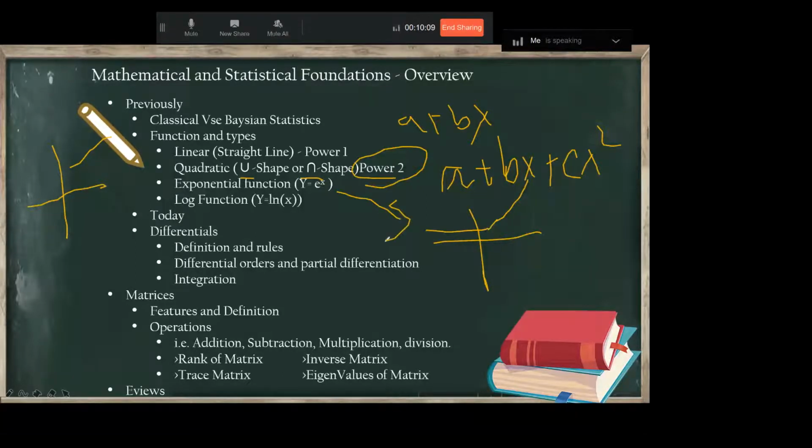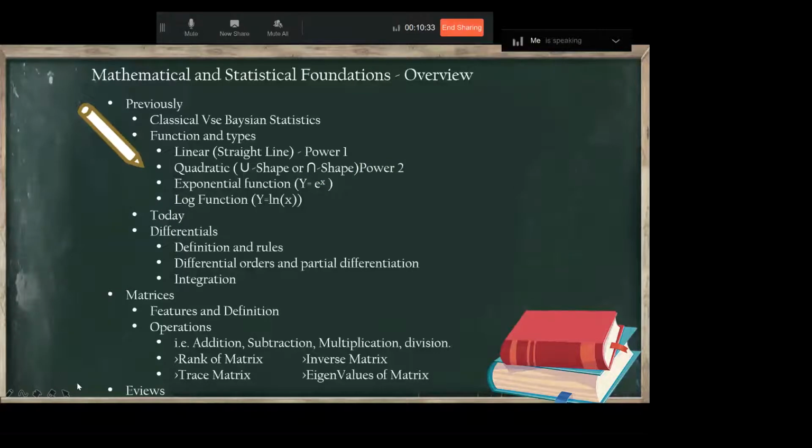And log is the inverse of the exponential function, so we can draw it in this way. Here it goes asymptotically with the y-axis. So the exponential goes asymptotically with the x-axis, and this goes asymptotically with the y-axis. So we learned about different functions in last week's class.